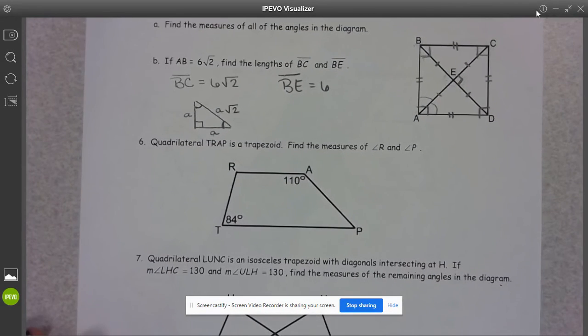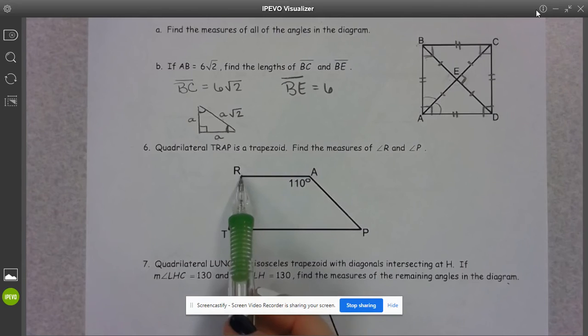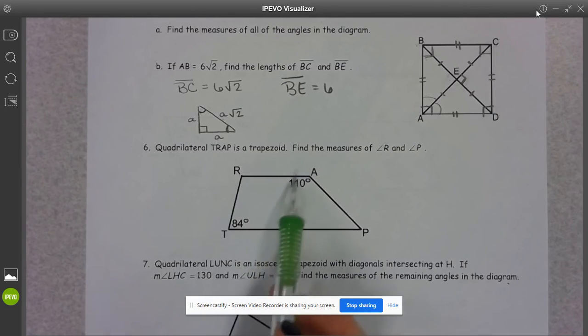All right. Trapezoid. You have one set of sides that are parallel, and it's these two here.